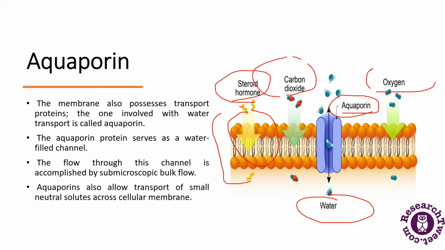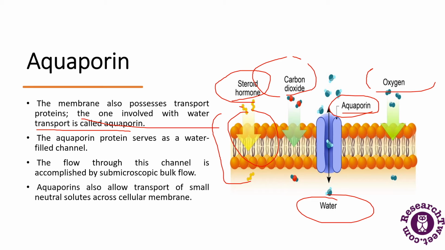So what is aquaporin? The membrane also possesses transport proteins. The one involved with water transport is called the aquaporin. The aquaporin protein serves as a water filled channel, which is accomplished by submicroscopic bulk flow.